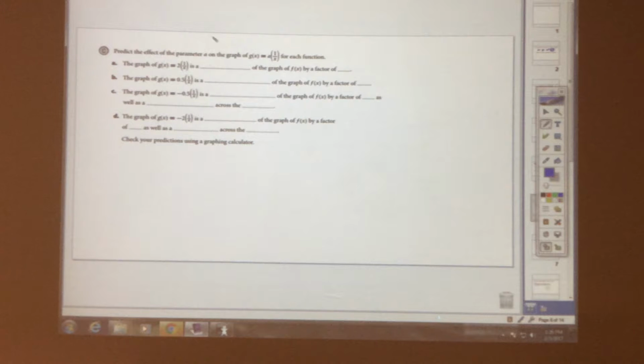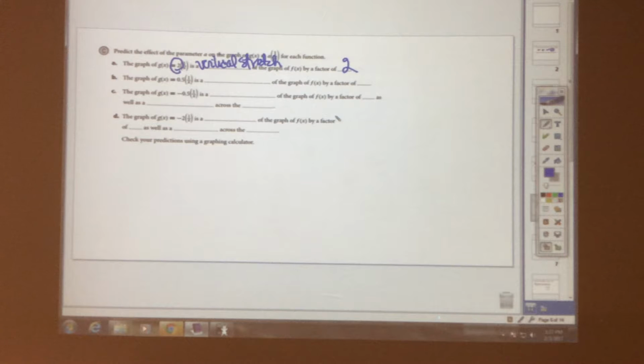So it is a vertical something. It's a 2, so it is a vertical stretch. Remember, if it's a number more than 1, it's a stretch. If it's less than 1, it's a compression. By a factor of what? 2.